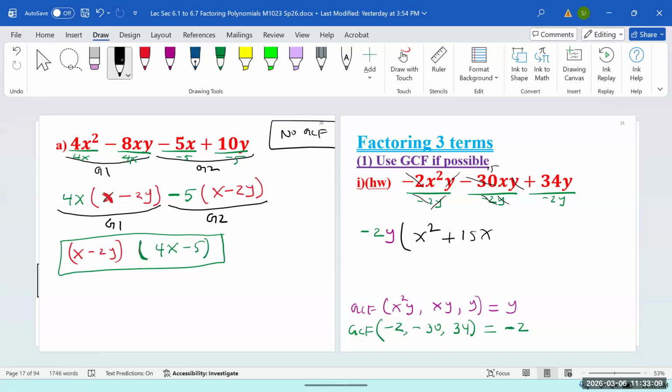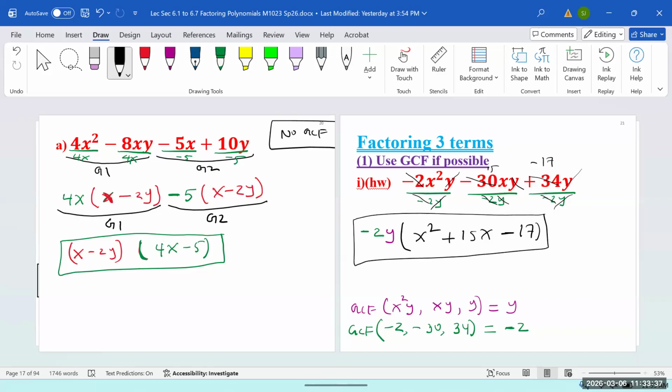Michaela, the last one. We have 34y and we factor out negative 2y. Positive or negative? Negative. So 2 goes into 34 17 times with a negative sign, and y cancels out. So we have negative 17.